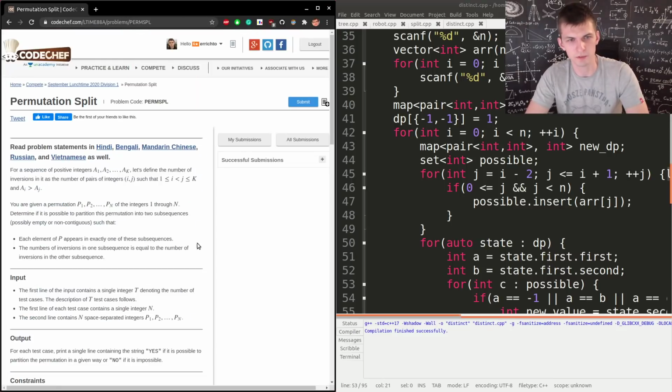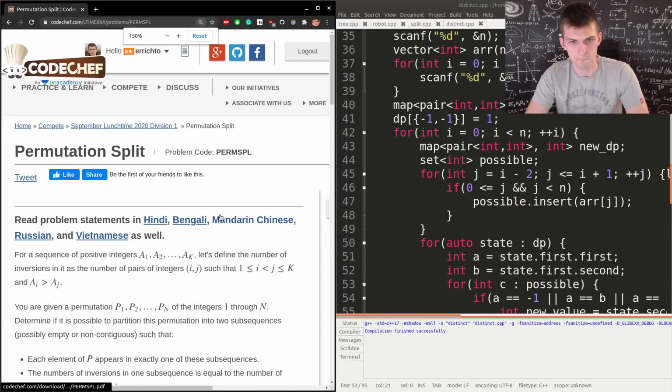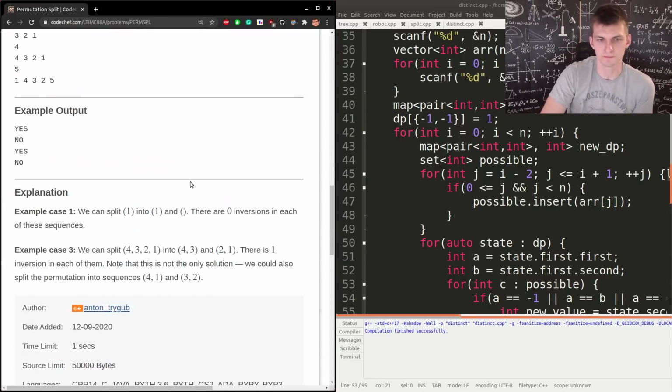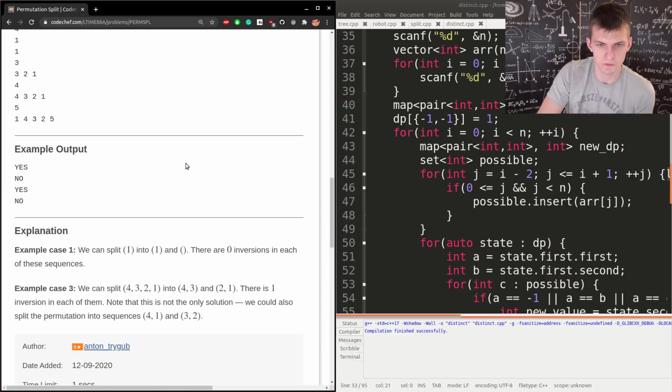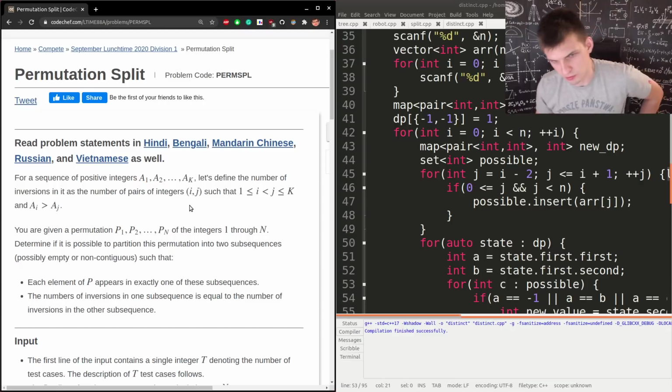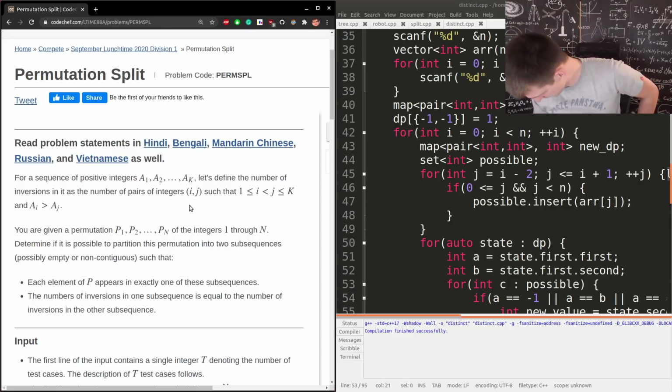Few people solved the permutation split. Split a sequence into 2 with the same number of inversions.